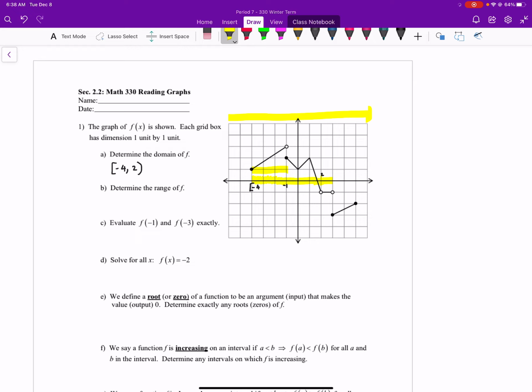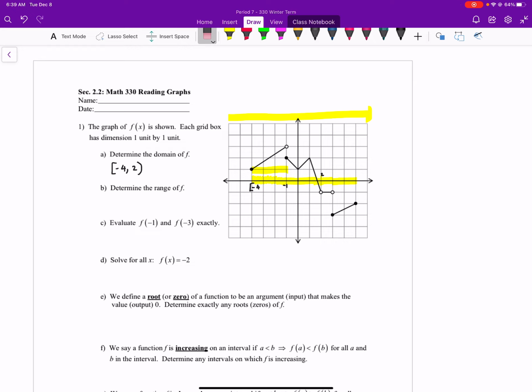When I reach 3, I realize I have an open circle and a closed circle. The closed circle will override the open circle, meaning that you have that x value on that graph. So now I can continue from there and scan all the way to x equal to 5, which is a filled-in circle.